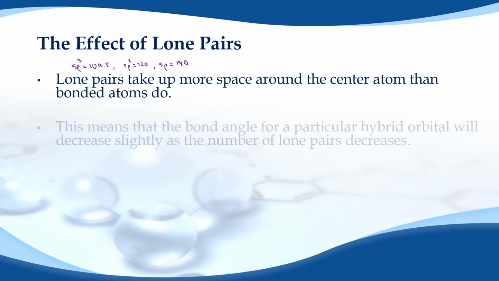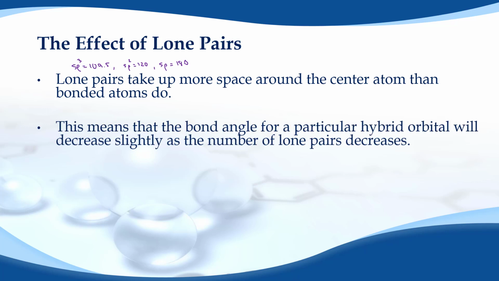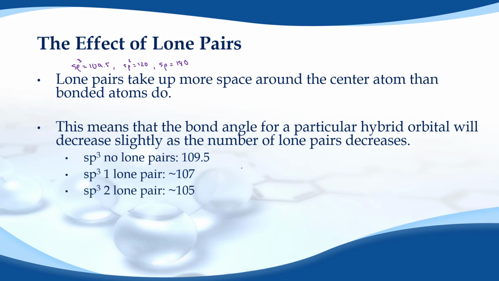So if we take sp3 as an example, sp3, no lone pairs, base geometry, 109.5 degrees. If you make it one lone pair instead, so trigonal pyramidal, the bond angle is actually closer to 107. If you go to two lone pairs, so what's called bent 109, that angle is actually closer to 105. Now, you don't have to know the exact differences in bond angles for all of these, right?